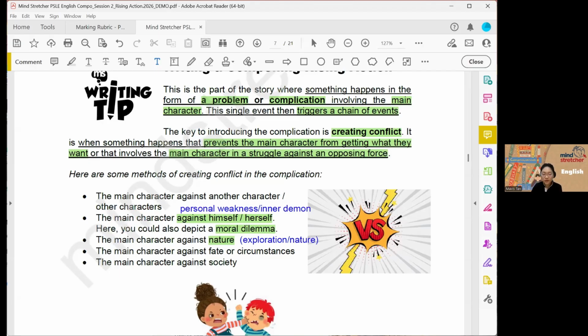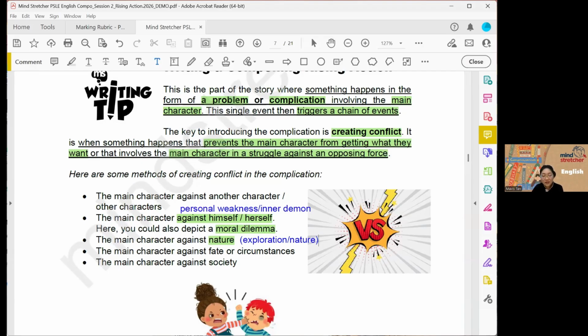The setting is very important for such conflicts. Because if your character is not in the forest, your character is very safe at home on his couch, right? But the fact that the story is set in the forest, now there are lots of dangers. So the character against nature has to fight to survive.